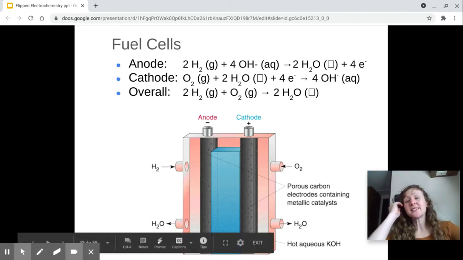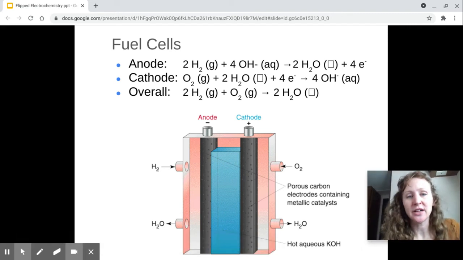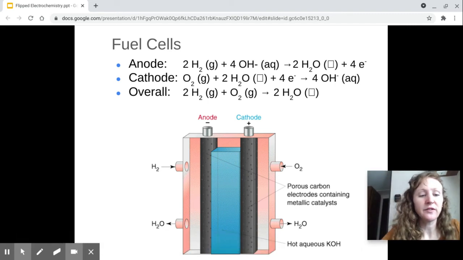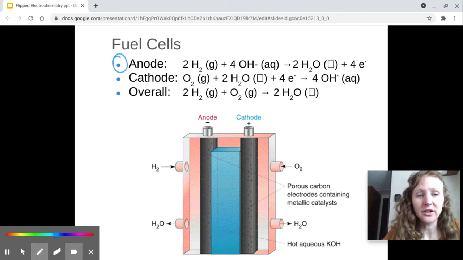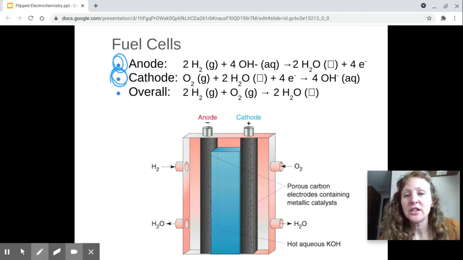Okay, fuel cells. A lot of research has been done around fuel cells, because if you look at the anode and the cathode here, it really just uses hydrogen and oxygen, and the product is water.